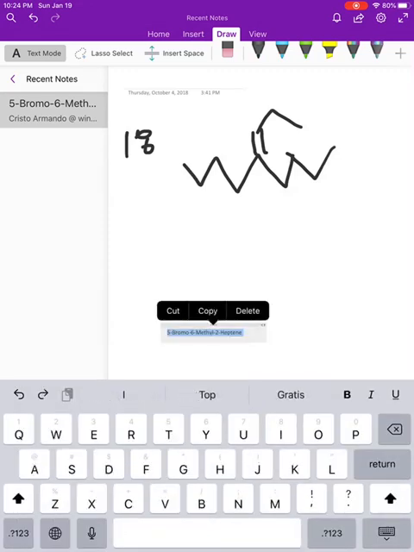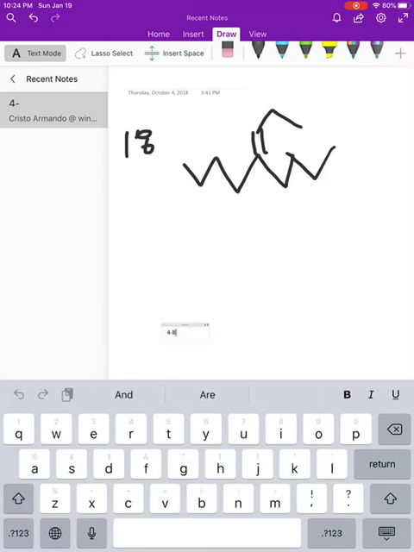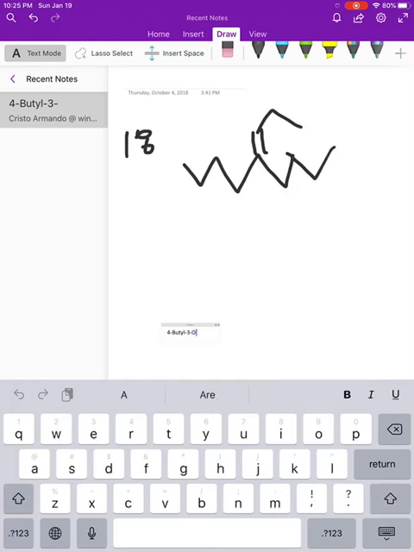And this is going to be 4-butyl, 3-octene. Okay.